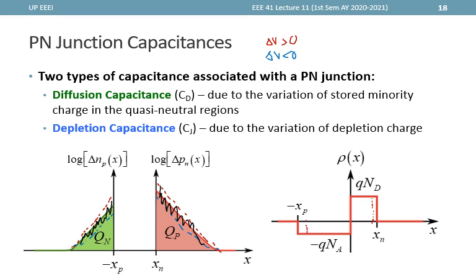And if we apply some negative voltage, then the depletion region will actually widen by some amount. And the incremental charge we're talking about is this incremental charge here for every incremental voltage that we apply.